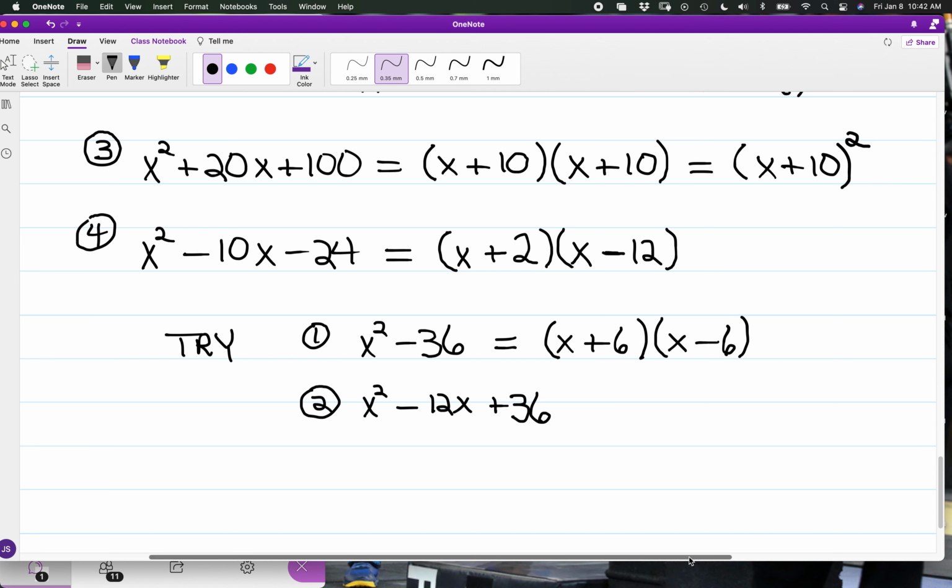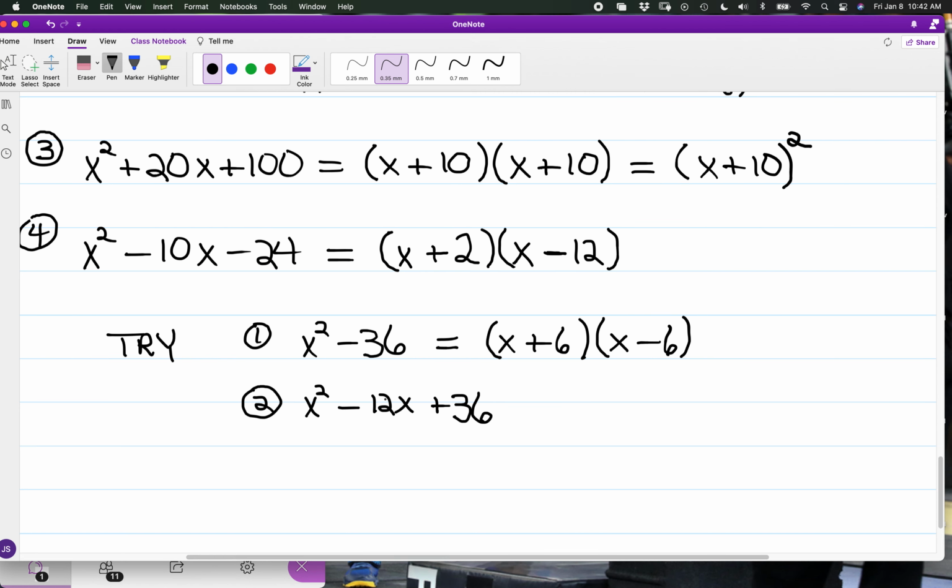Now for the second case, we have x squared minus 12x plus 36. Again, x squared goes out to x and x. Now 36 is a positive number, and the only ways for two numbers to multiply to a positive product are that they must either be both positive or both negative.